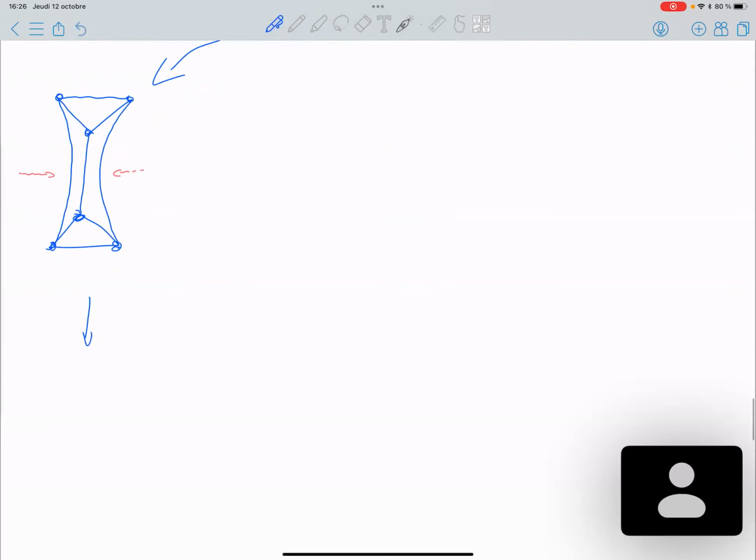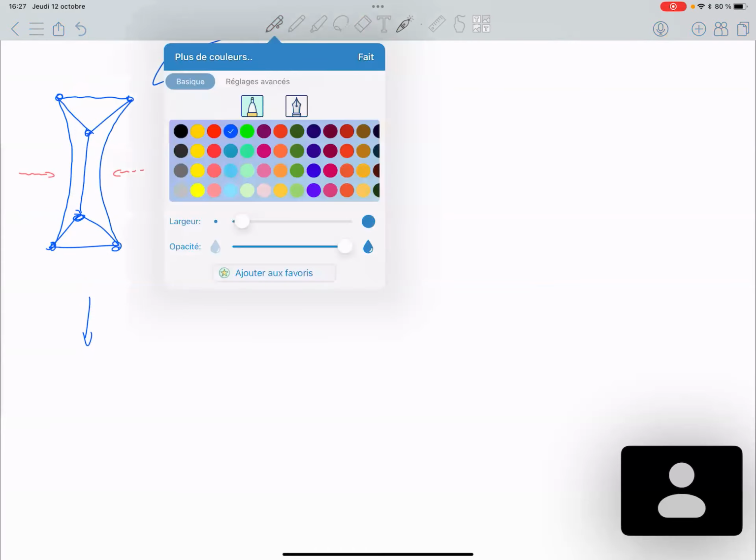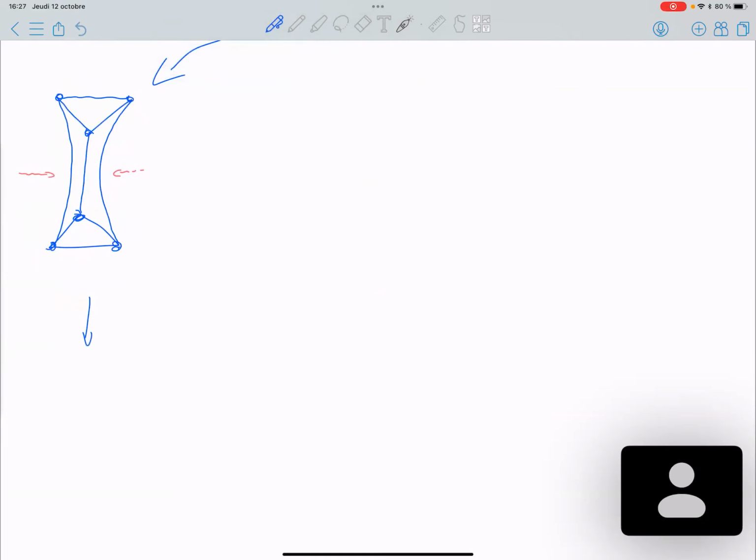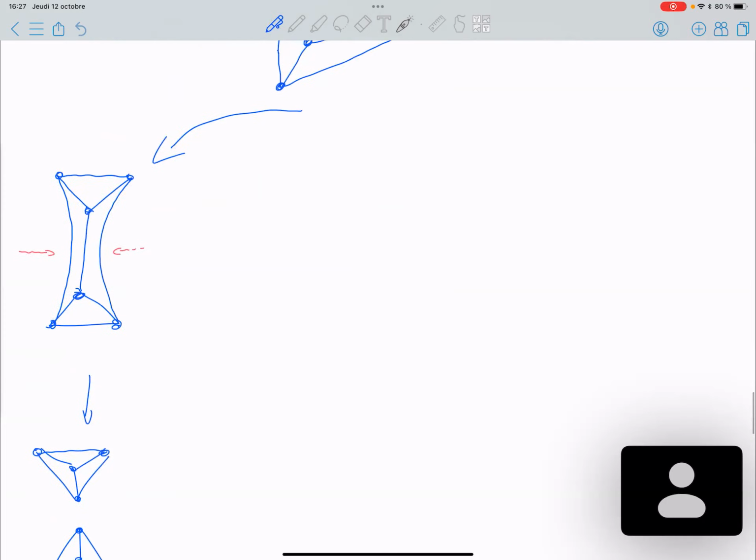So you compress the middle up to getting a point, and then you get something like that.